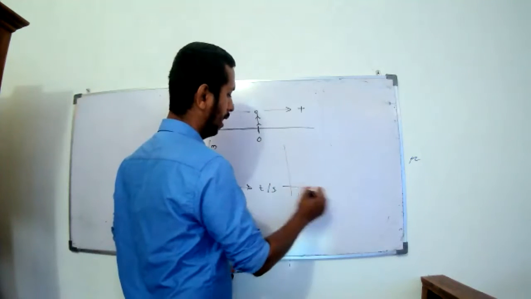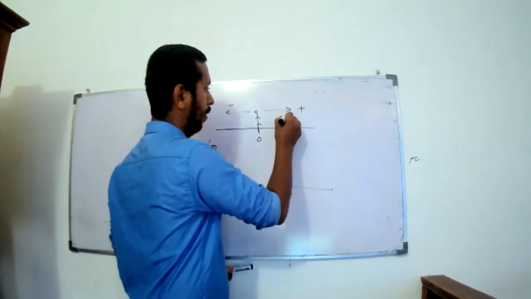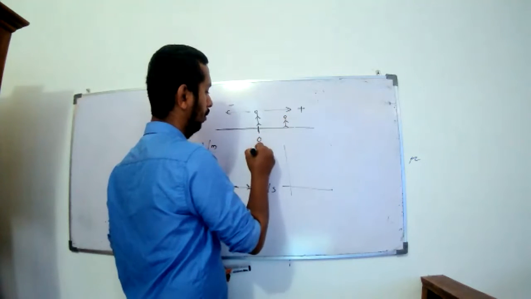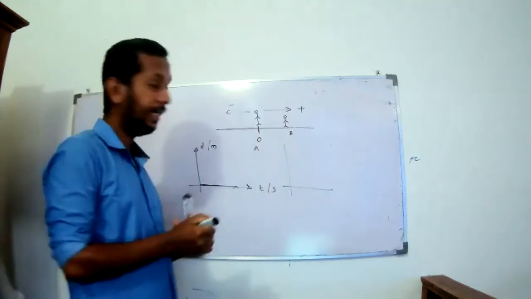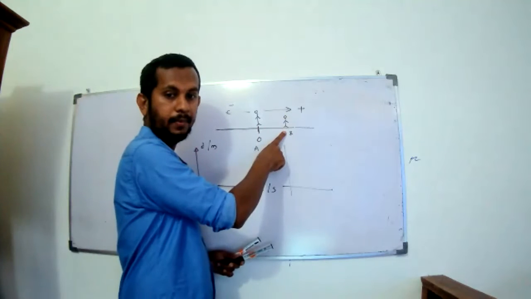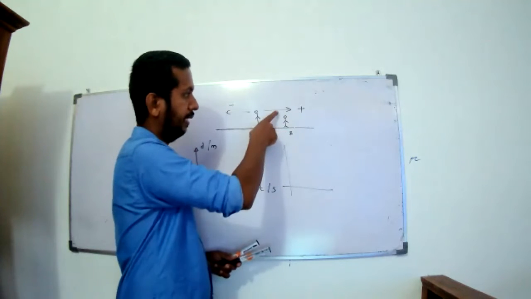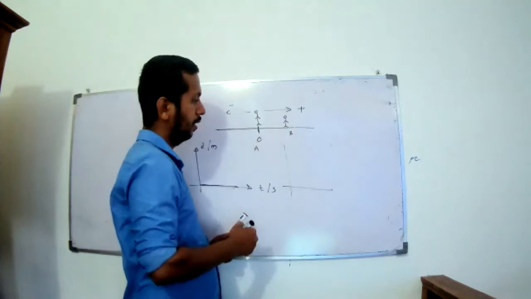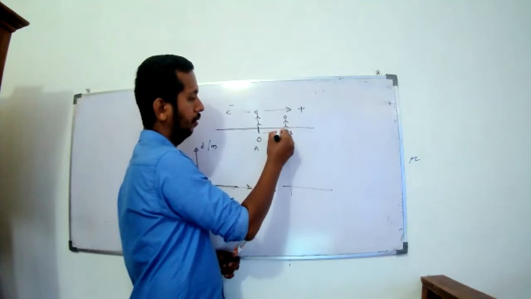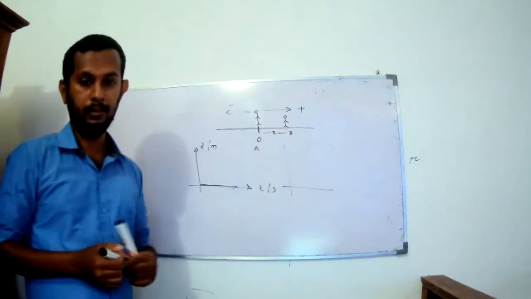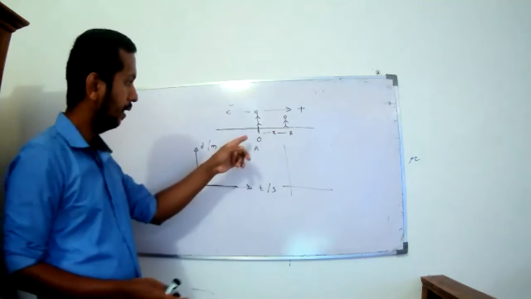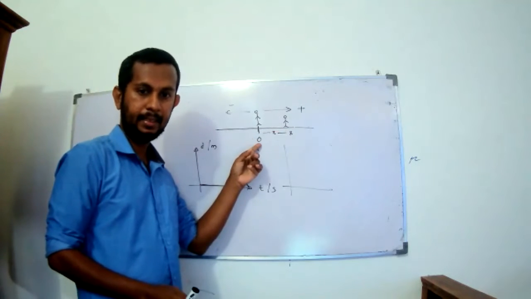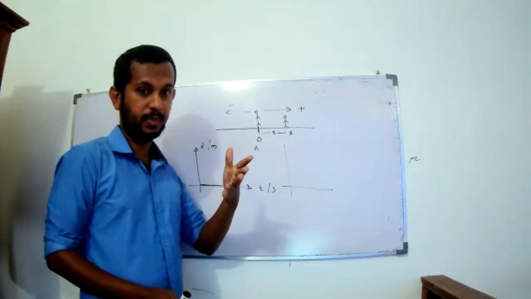So next case, I am going to draw in here. When t equals 0, person is standing on this point. It means the person is already in the positive direction. When t equals 0, the person has already made a displacement. The case number 1, person at its initial position, therefore no displacement.